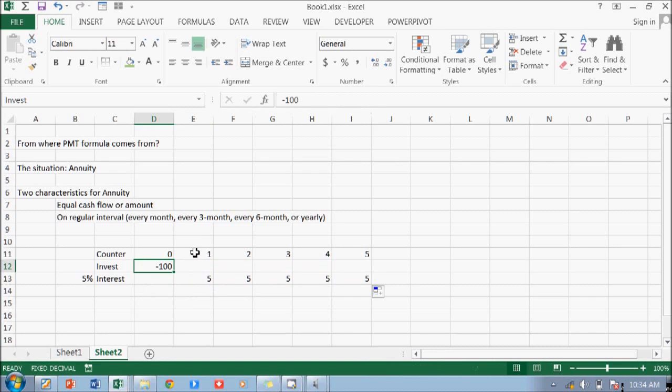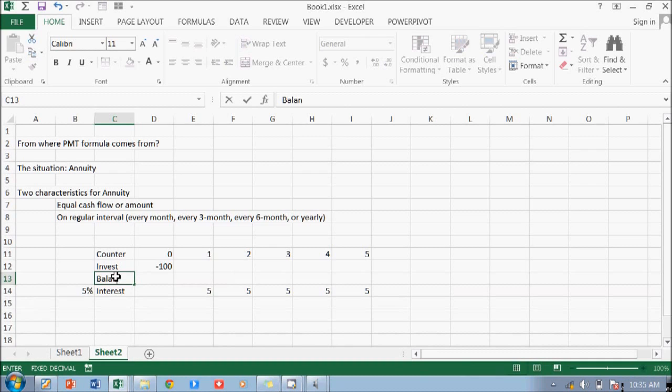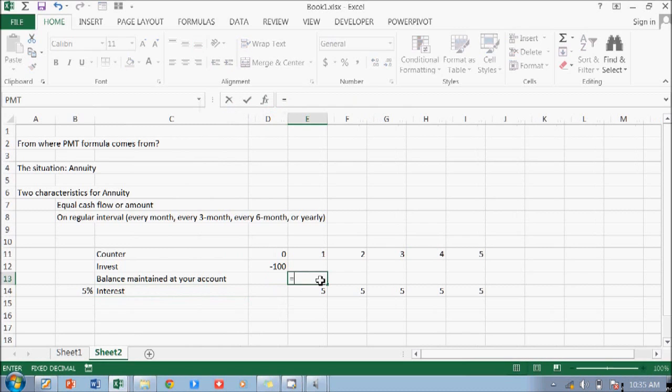So at the end of the first year, how much money do you have? You want to maintain the balance in your account. So you're going to maintain your account at 100 here.